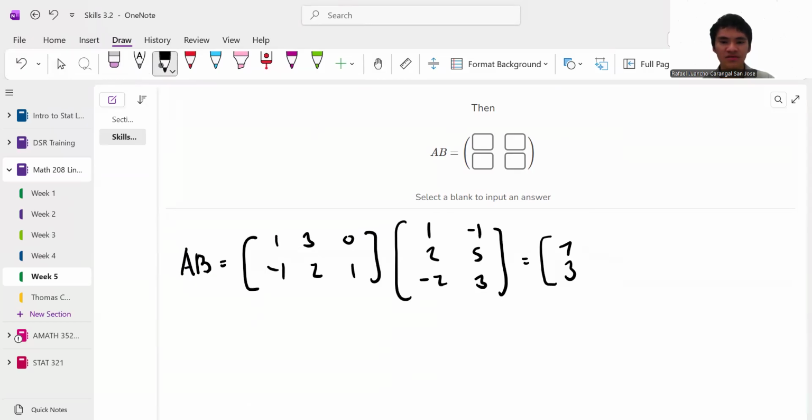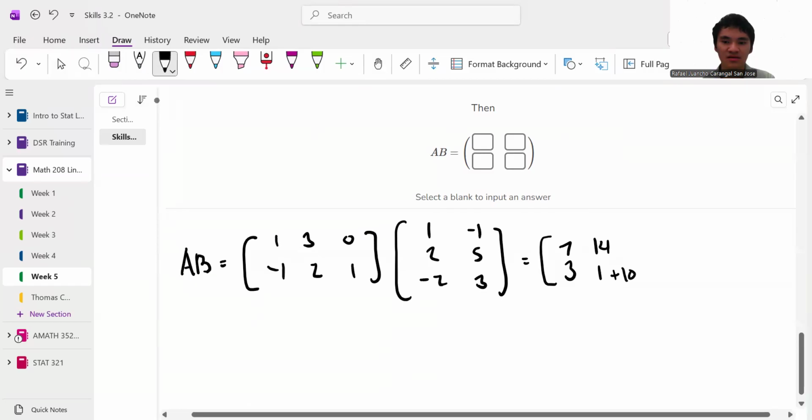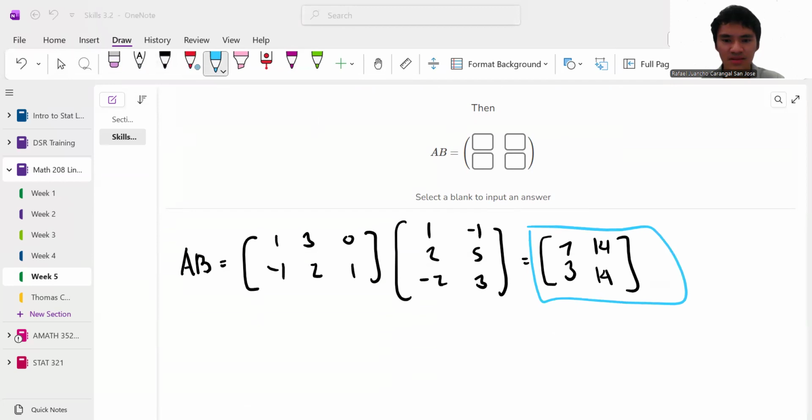Here we have negative 1 plus 15, that's 14. Next, we have 1 plus 10 plus 3, 14 as well. And there we have it. That's AB: 7, 3, 14, 14.